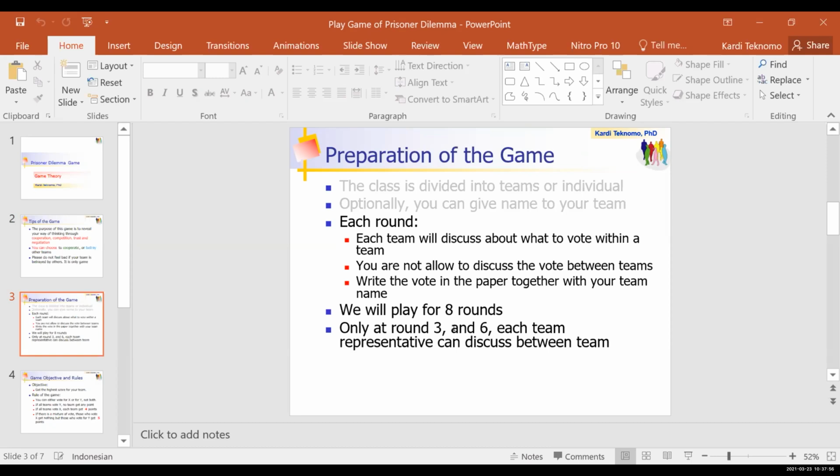It's a voting game, like Among Us. Between teams or individuals, you are not allowed to discuss. In the real class, we need to write the vote on a piece of paper.